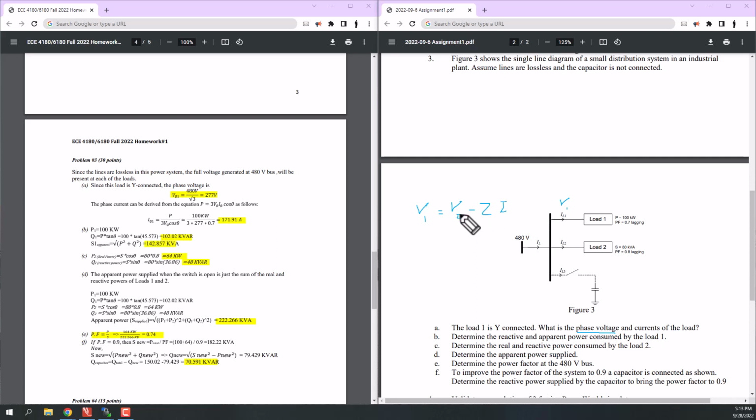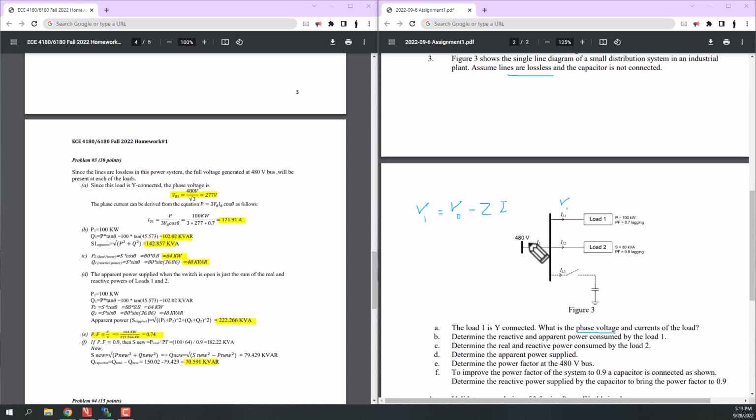But since the lines are lossless, the impedance is 0. So the voltage of all of these buses is 480 volts.